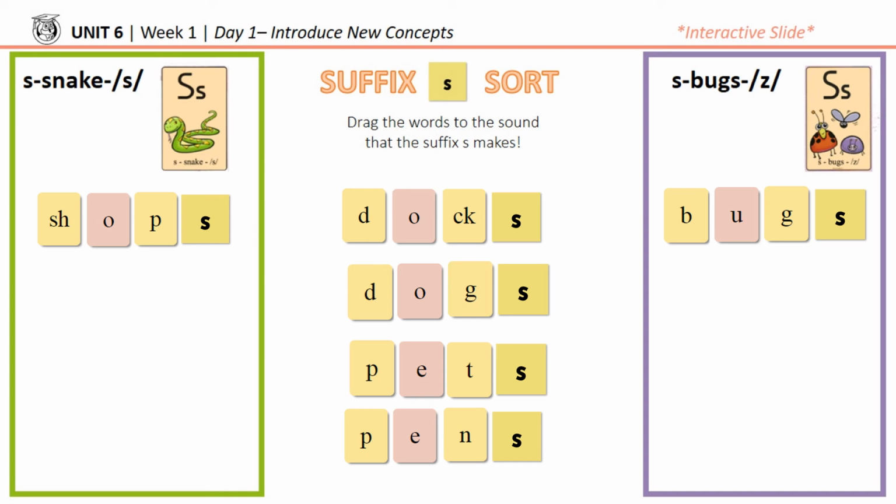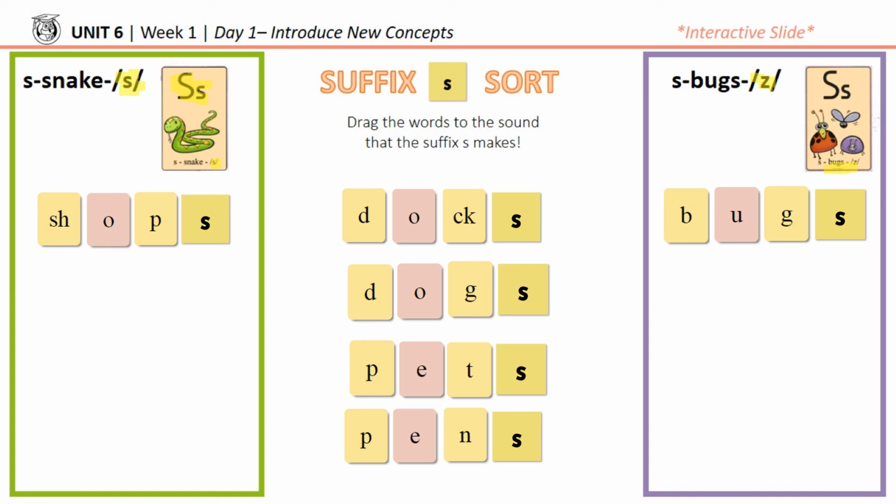Whenever we have a word where the suffix s makes the s sound, we will drag it on this side. If the suffix s makes the z sound, as in bugs, we will move it to this side. Are you ready to try it?